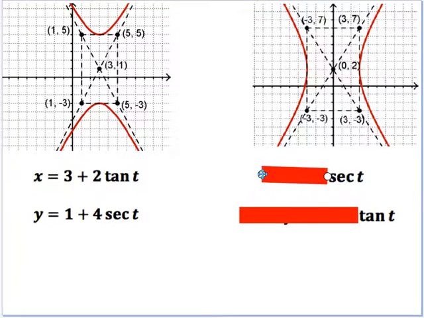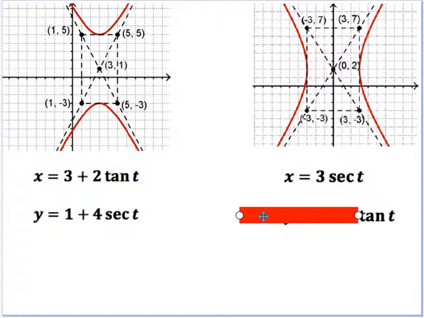All right, so let's see what the rest of our x formula is. All right. So horizontally, my center is just going to be 0. So I'm not going to add anything to this secant t. But my radius is 1, 2, 3 units over. So it's going to be 3 times secant t.